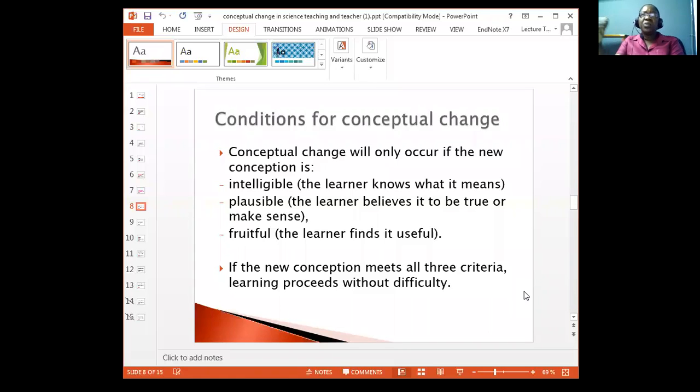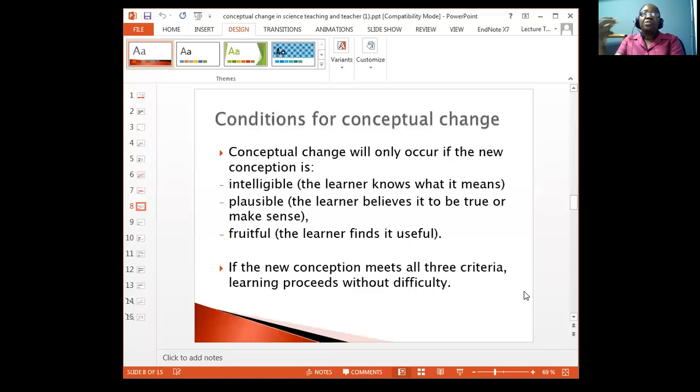That is, they must know what it means, they understand it. It must not only be intelligible, it must be plausible, so it must make sense. The learner thinks it is true. So it's intelligible, it makes sense, and it is useful. The learner says, yes, this is something that I can actually use.